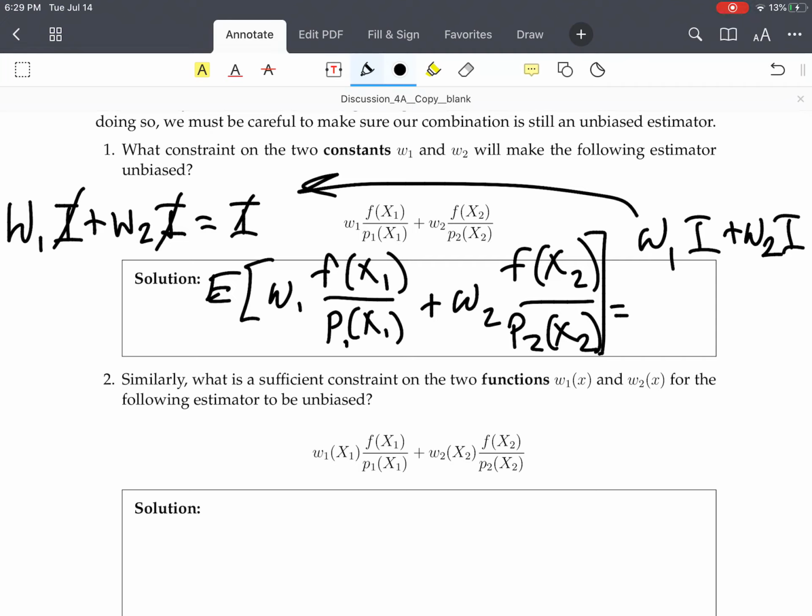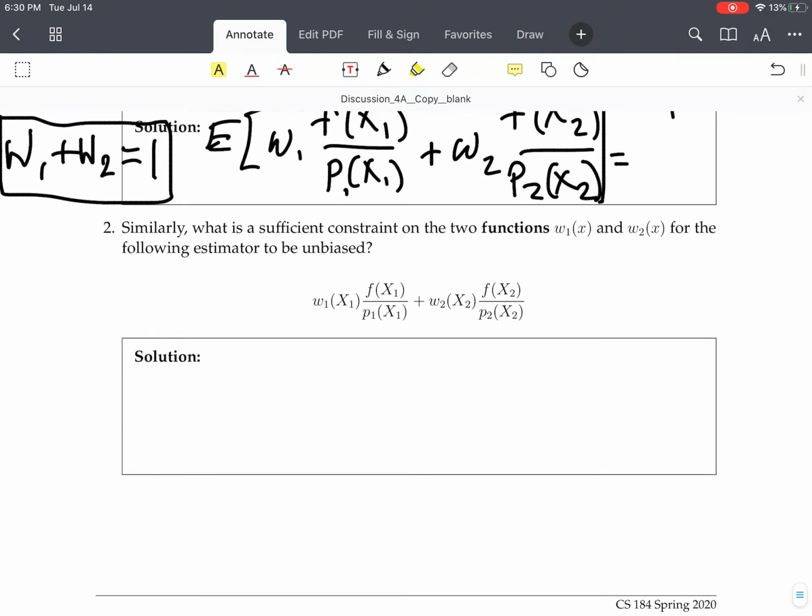We can just divide out the I's and we get that the constraint we want to put on this is that W1 plus W2 is equal to 1. Okay? And that makes a little bit of intuitive sense too. We want the two constants to sum up to 1. And so that's what we need for this estimator to stay unbiased.